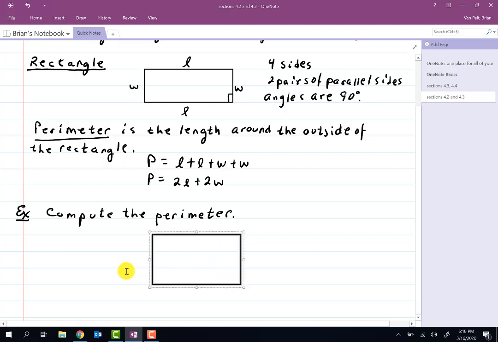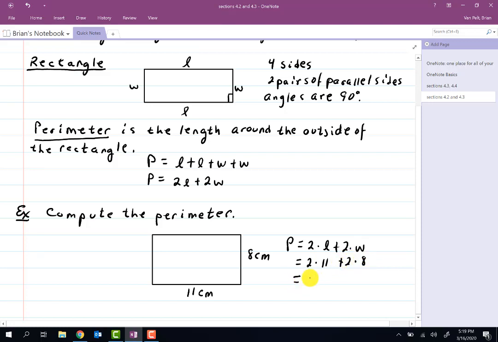So this one, the length is 11 centimeters. The height is 8 centimeters. So the perimeter is going to be 2 times L plus 2 times W. The L in this case is 11. I'll put in the units when I'm done with the problem. And the width is 8.